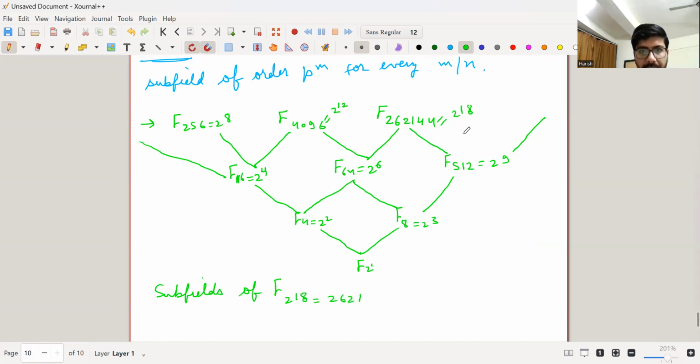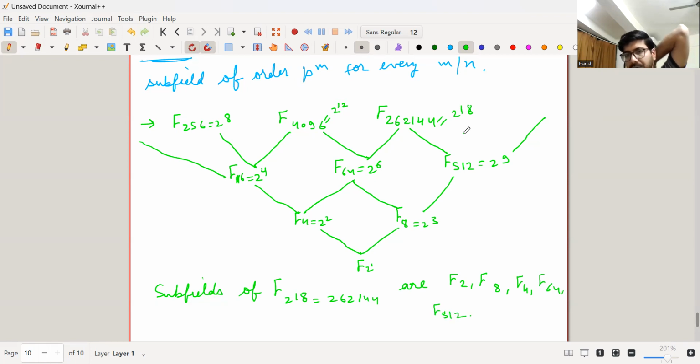262144, then by the previous theorem, you need not worry about this last number. You just need to find the divisors of the smaller number 18, and that tells you that these are nothing but F2, F8, F4, and F64, and also F512.